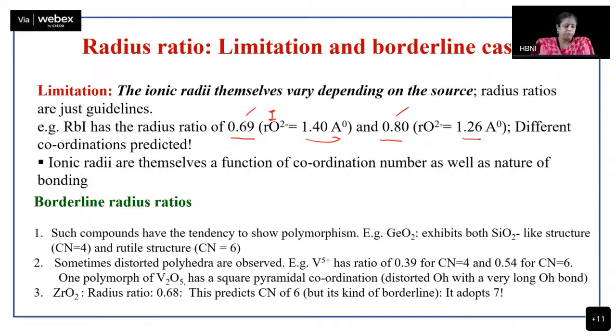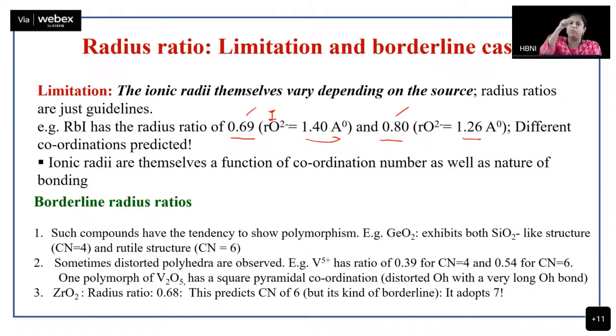Second, the radii will differ depending on whether your particular ion exists in a covalent compound or in an ionic compound. Because how do we calculate the ionic radii? Normally, we do a single crystal XRD.